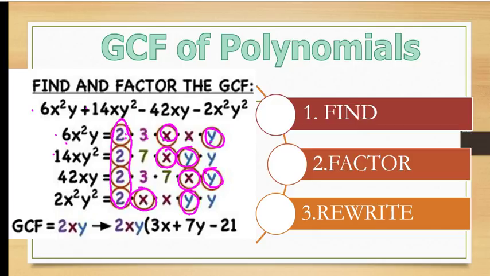So the greatest common factor for this polynomial is 2xy. And then you have to finish writing what's left over. We have a 3 and an x, that's where 3x comes from. And then we have a 7 and a y left in the second term, so that's where that comes from.